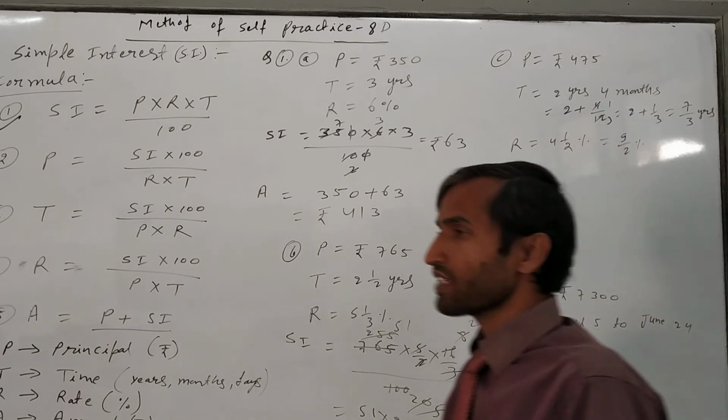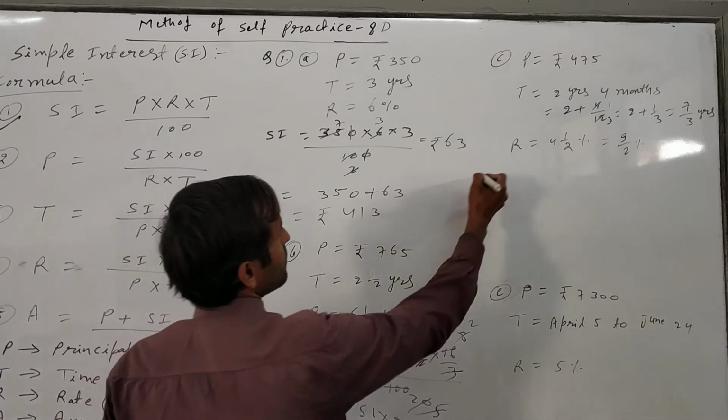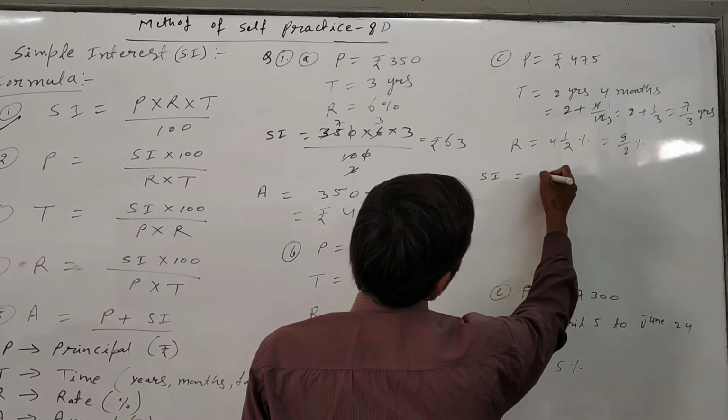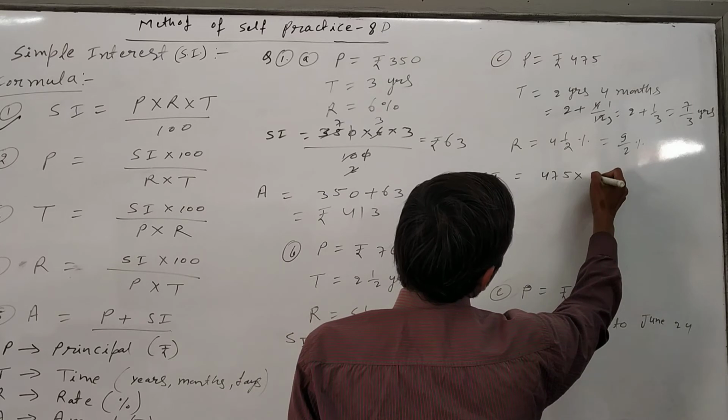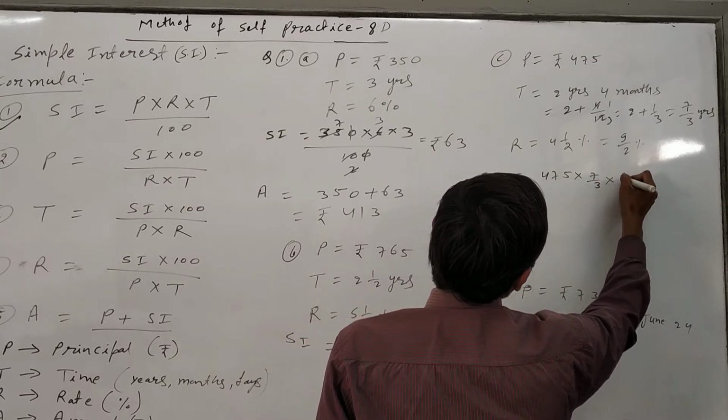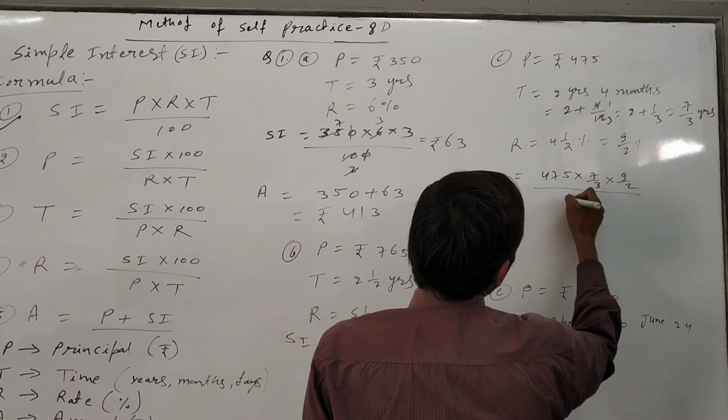Now we have to find SI. So just write down like this: SI is equal to P into R into T upon 100, 475 into 7 upon 3 into 9 upon 2 upon 100. Okay.